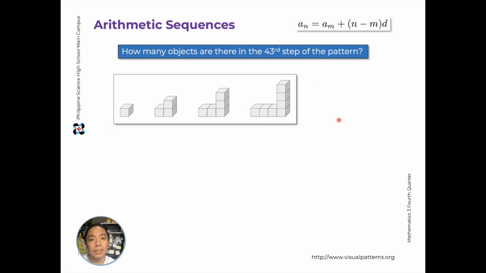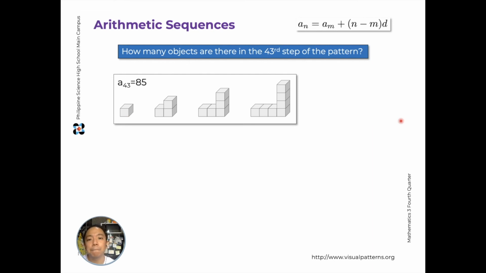So that is our common difference, 2. And our formula would be the 43rd term is equal to the first term, which is 1, plus 43 minus 1, so 42 times 2. So 1 plus 42 times 2, 84. That would be 85. Hindi ko na ginawa yung computation. I hope that's okay.